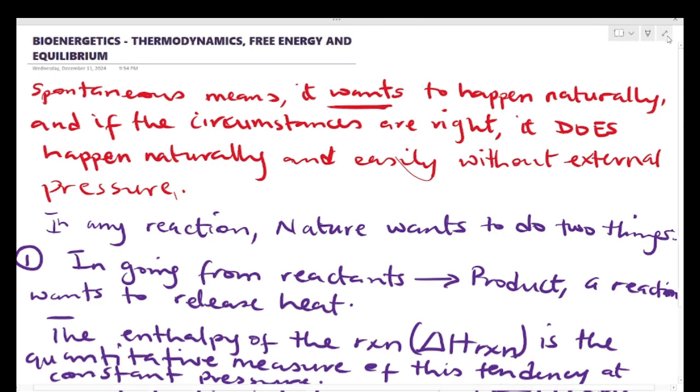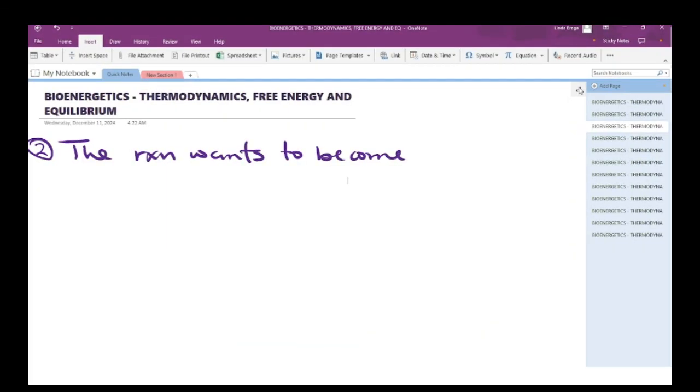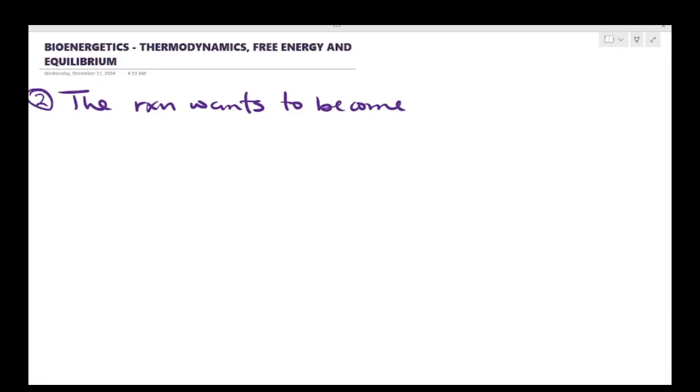Now we look at point number 2. The reaction wants to become more disordered. Why is this so?